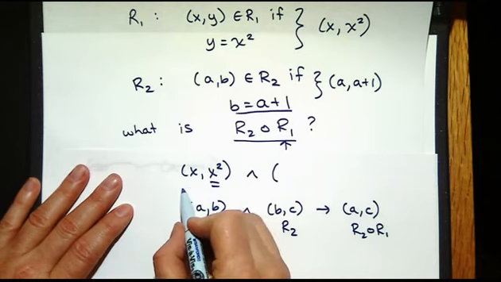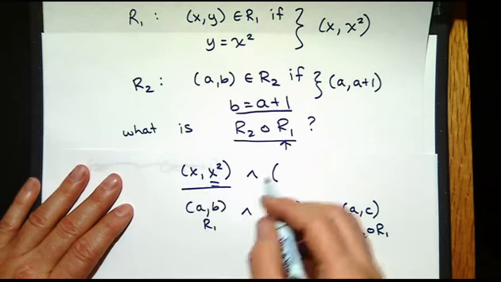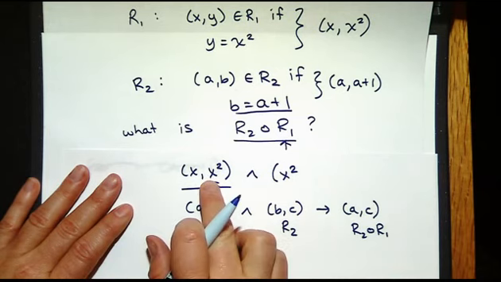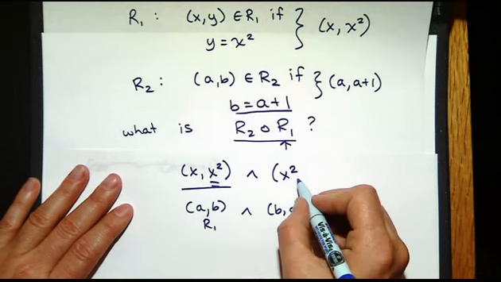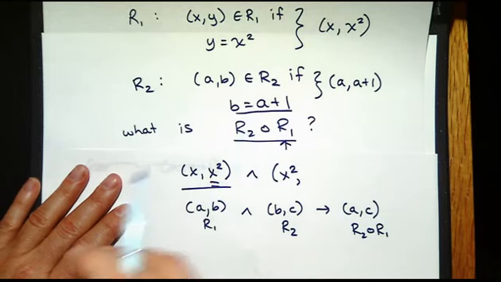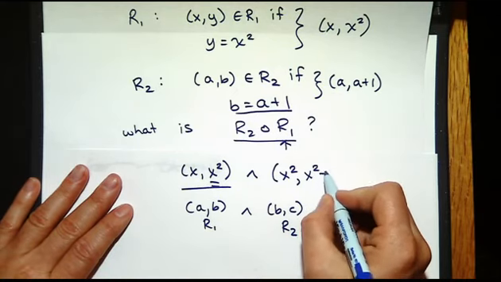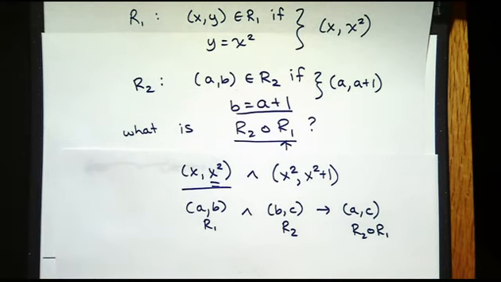So all the points in R1 look like this. But if I want to look in R2 to match up points with this, the first component has to be equal to x squared. Because otherwise they don't match up for composition. Okay? And then R2 actually says the only points in there are one more than my row component.